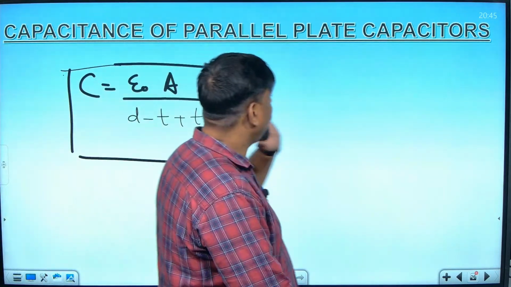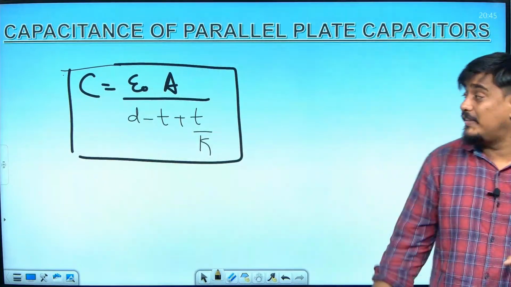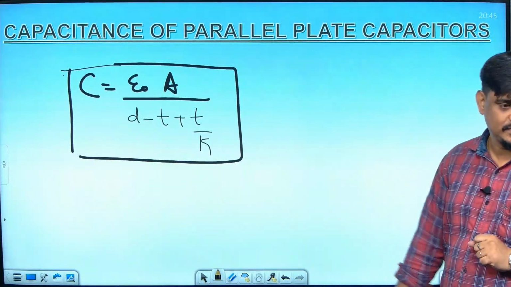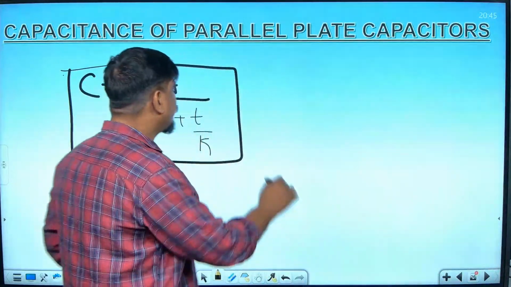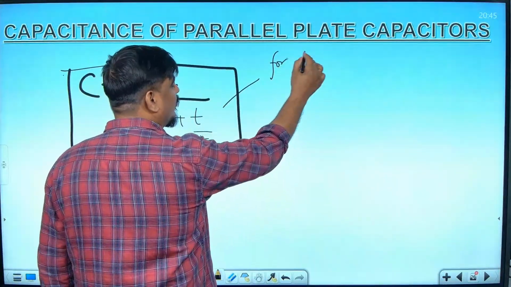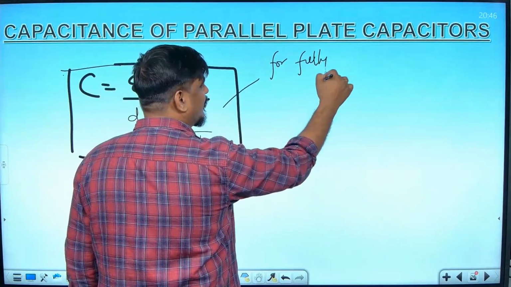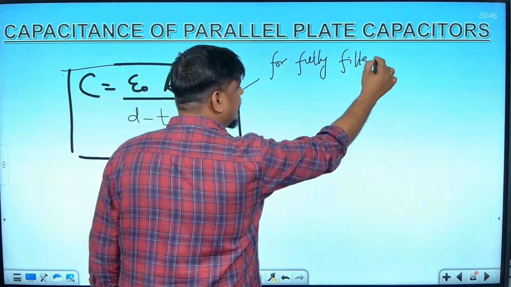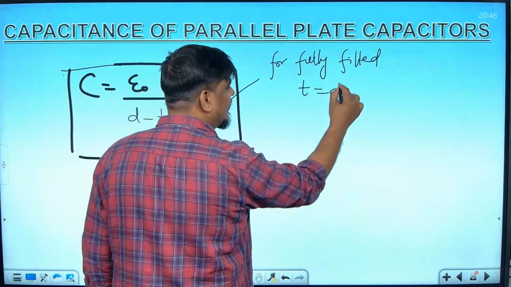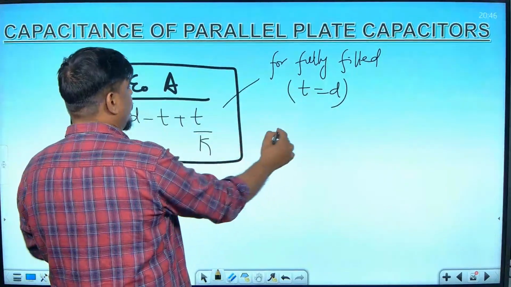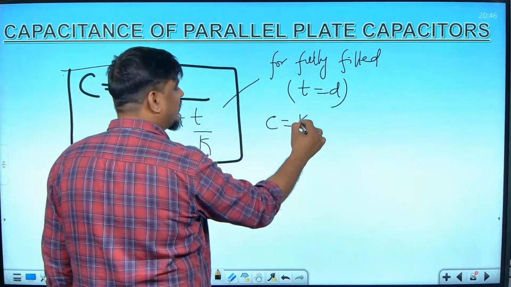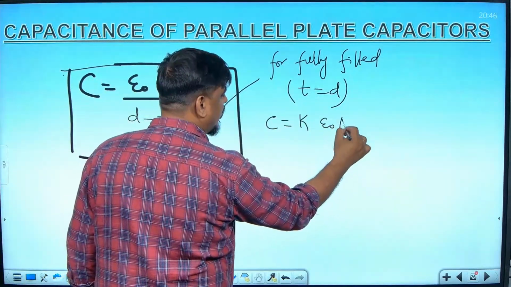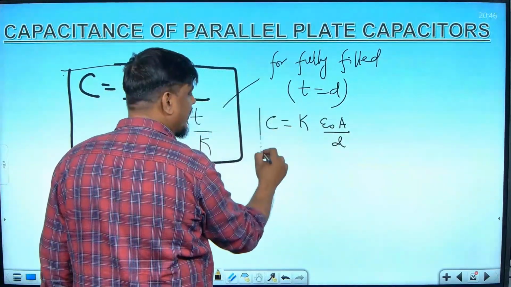This is the parallel plate capacitor with dielectric inside it, and the dielectric not fully filled also, because if it becomes fully filled, what will be the value of T? T will become equal to D. Put here, C will become equal to D, D will get cancelled, it will become dielectric constant times epsilon naught A by D. Do you agree?